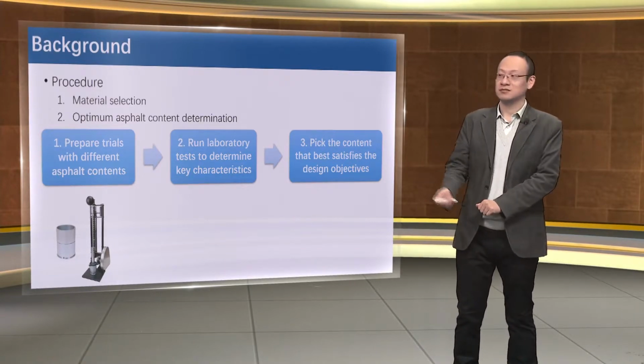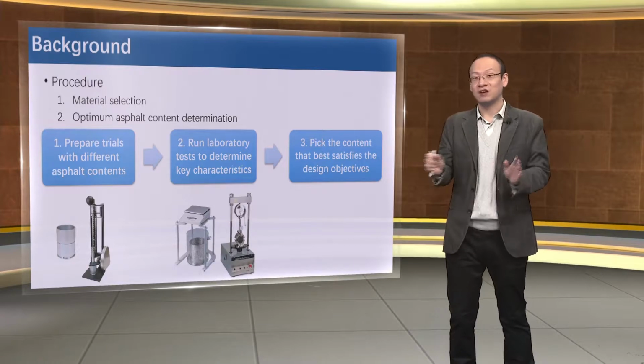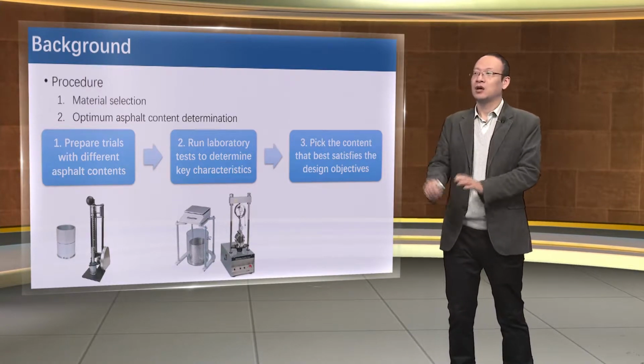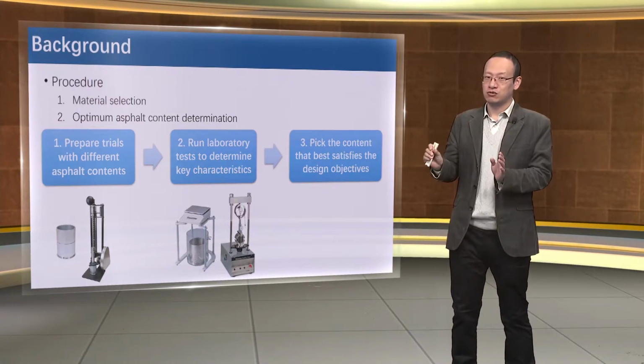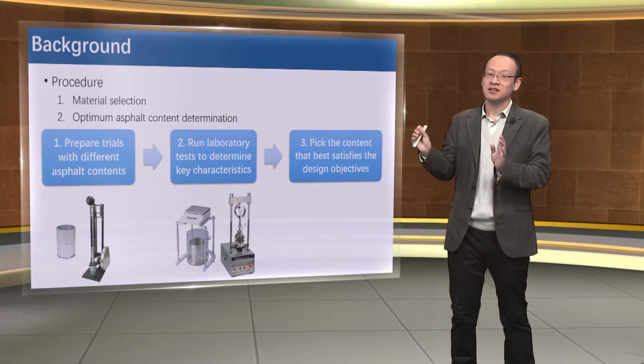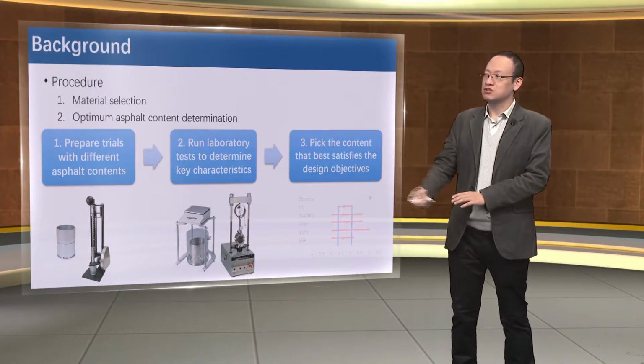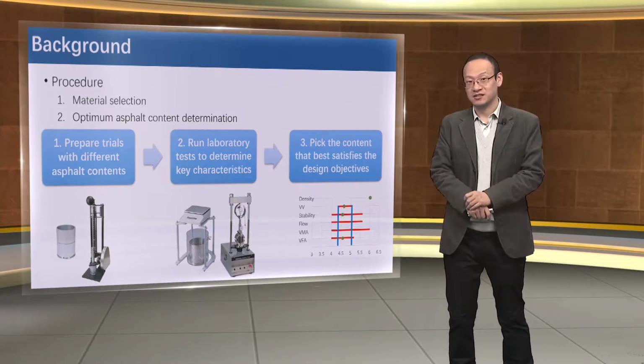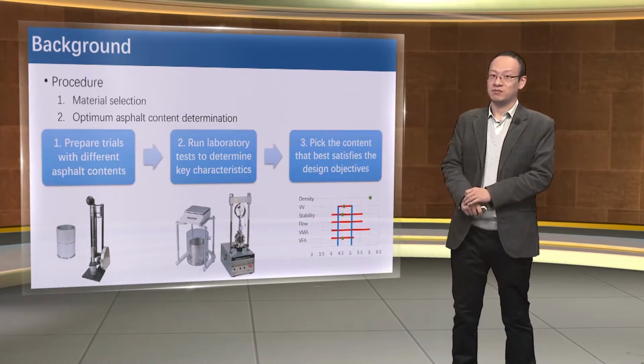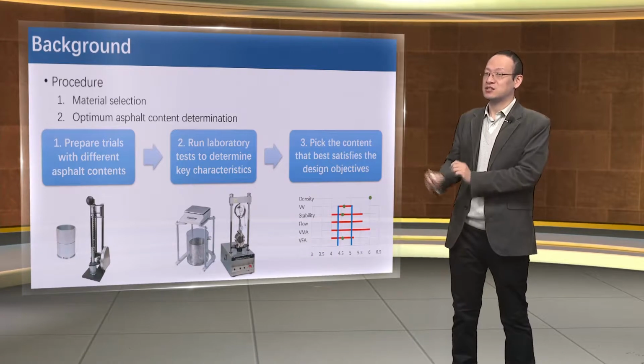Use a hammer and mold. Second step, we run laboratory tests to determine volumetric and the strength, those key characteristics. The third step is to pick the content that gives the best performance.